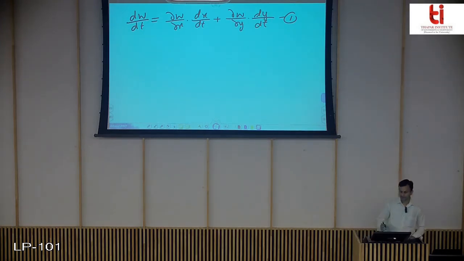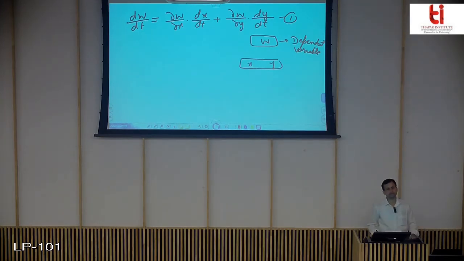For that, let me first write the variables. First is your w. W is your dependent variable that is given. It is a dependent variable that depends upon x and y, and x and y in turn depend upon variable t.